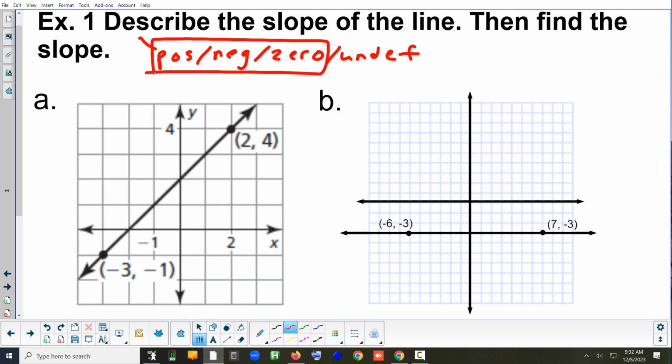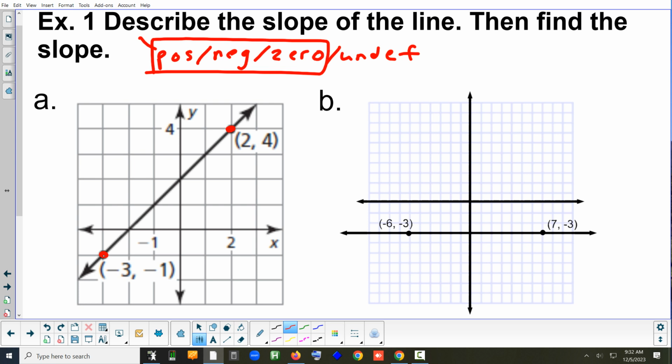Okay, so in A, they give us a graph. So we do not need the y2 minus y1, x2 minus x1. We can just count. You're going to start here, and you're going to get to here. What's the first direction that we have to go, starting here, to get to the point at 2, 4?